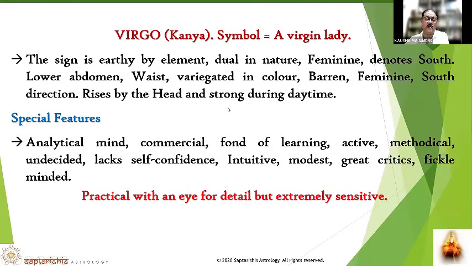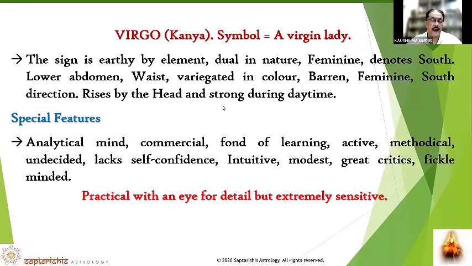Now I come to Virgo, Kanya. The symbol is a virgin lady. This sign is earthy by element, dual in nature, feminine, denotes south. Body part is the lower abdomen and the waist, variegated in color. It's barren, feminine, south direction, rises by the head and strong during daytime.